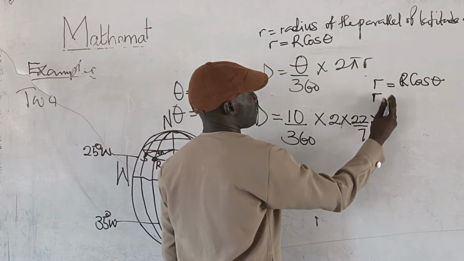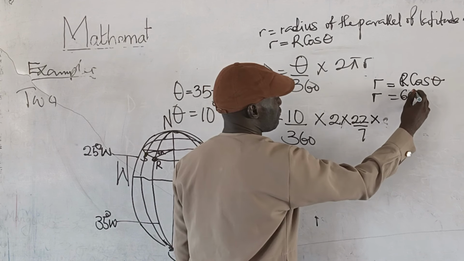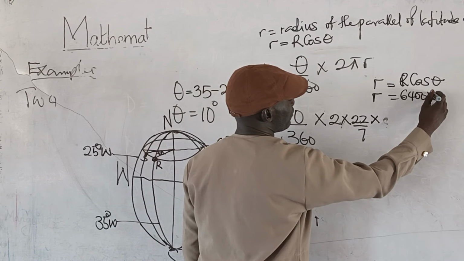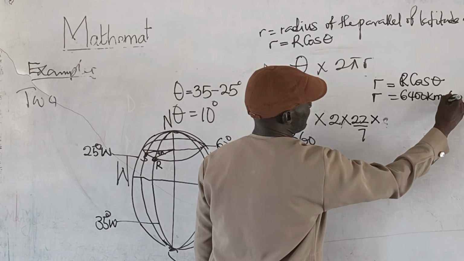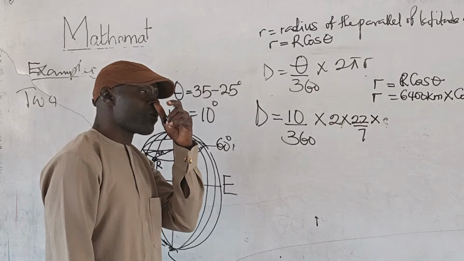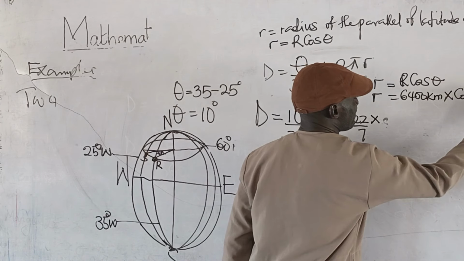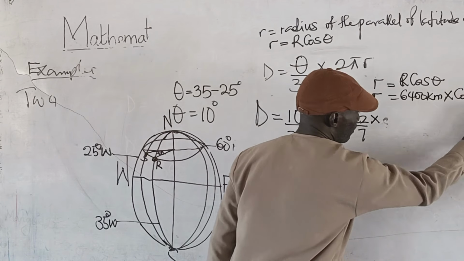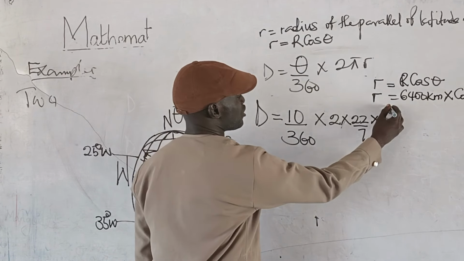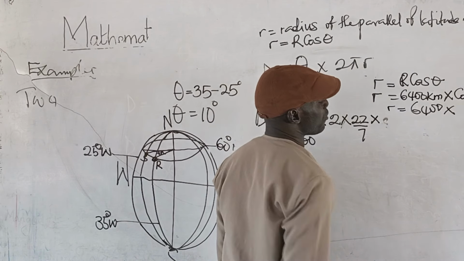So small r equals what? Our big R, don't forget, is 6,400 km times cos of the latitude we have in the question. The latitude given to us in the question is 60 degrees north. We indicated it. Don't just write 60 degrees, put north together with it. So we now say small r equals 6,400 times cos 60.